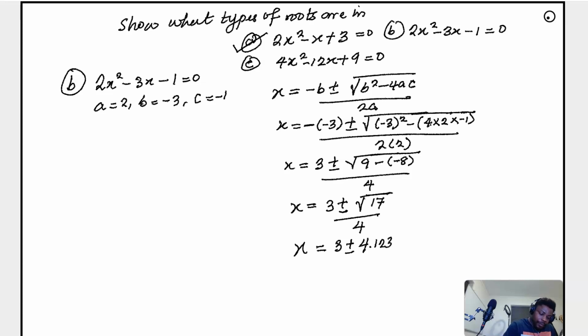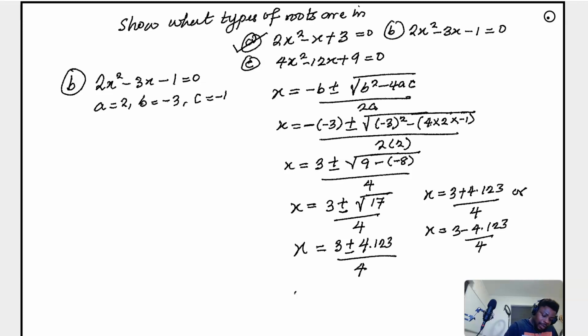Okay? So divided by 4. So here I can say x is equal to 3 plus 4.123 over 4, or x is equal to 3 minus 4.123 over 4.